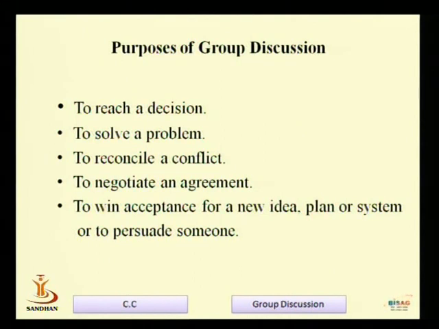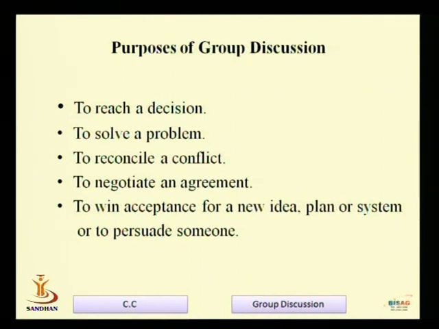The next thing is that you do a kind of group discussion to solve a problem. Okay, there are some issues that you really want to resolve, and you want that there should be some kind of result to it. Okay, so there can be other purposes also. Decision and solving problems is not the only thing you do group discussion for, but there are also various other purposes.